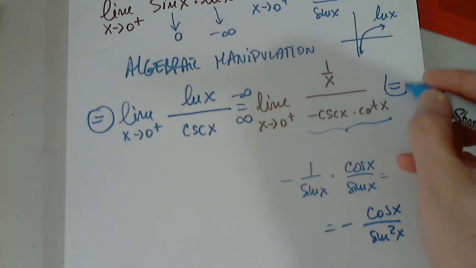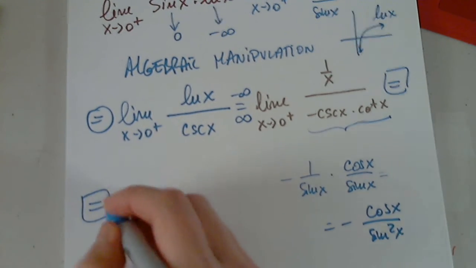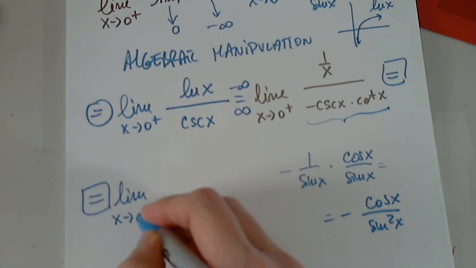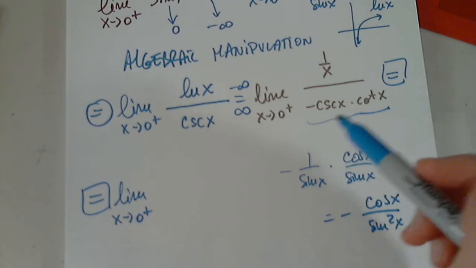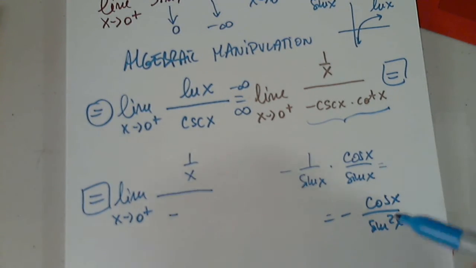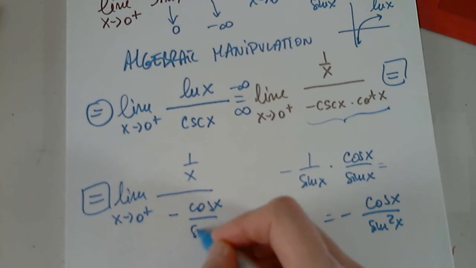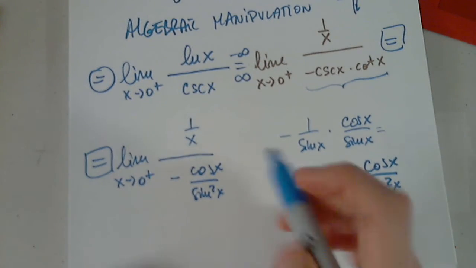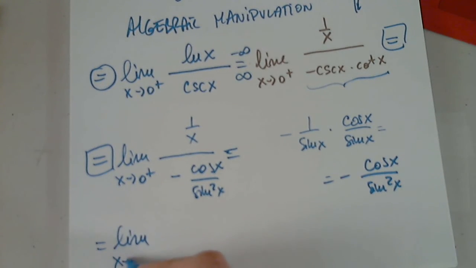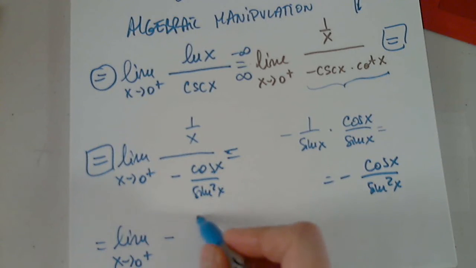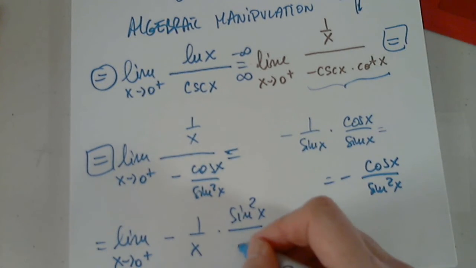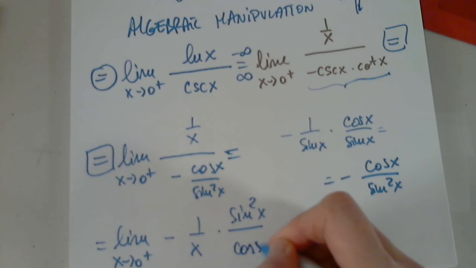I come back to my calculations here, to my limit. So I have limit as x approaches 0 from the right. The top is 1 over x, and the denominator is negative cosine over sine squared. I will divide the two fractions. So I have negative 1 over x times, I flip, sine squared x over cosine x.